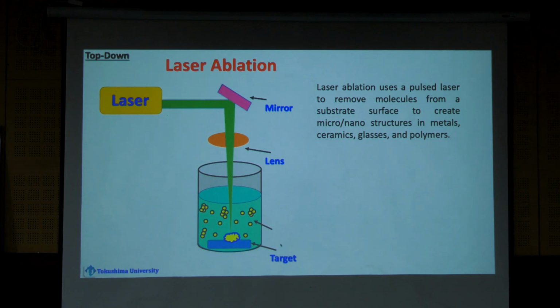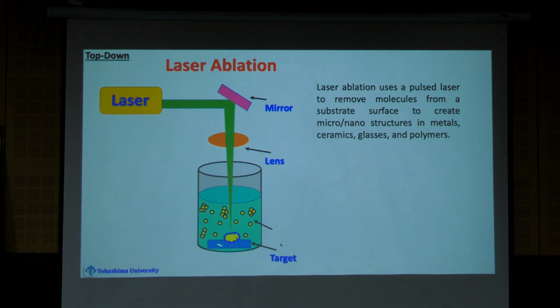If you want to change the direction, you need a mirror and lens: mirror to change the beam direction and lens to control the diameter of the laser. If you don't have a mirror, the laser is a monochromatic source, so it will move in one direction. So the laser changes direction using the mirror and then focuses onto the target material.